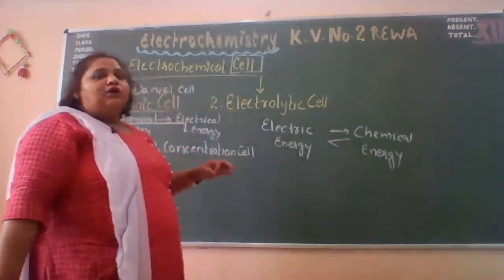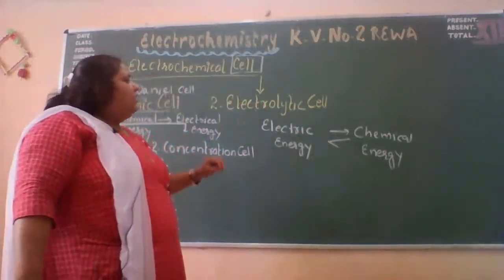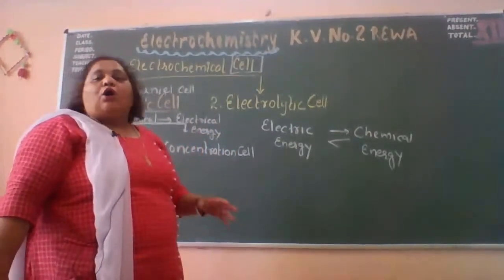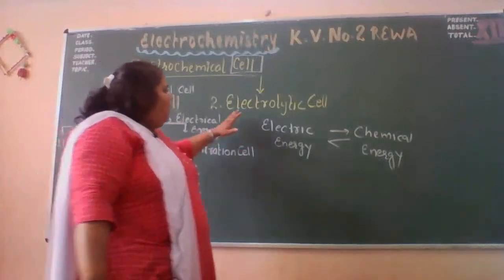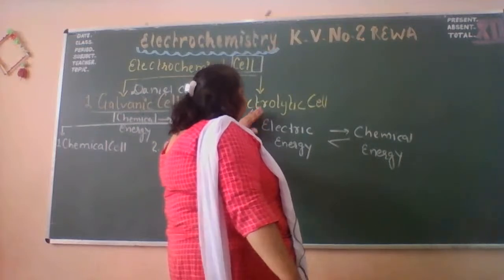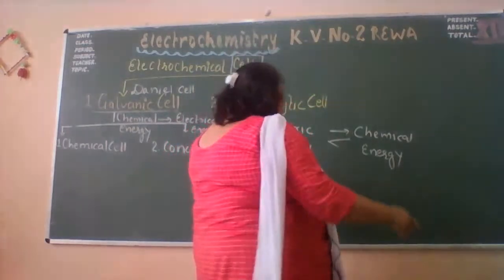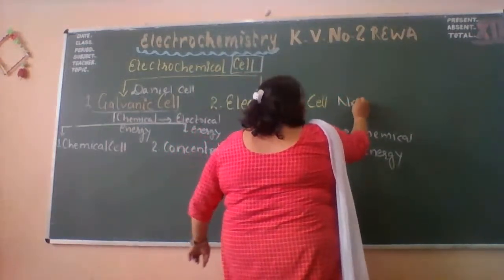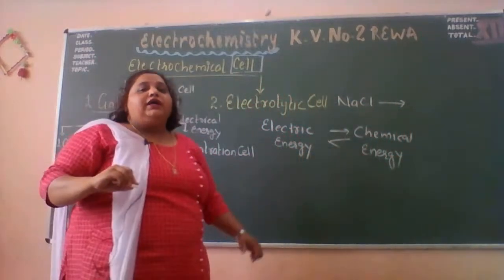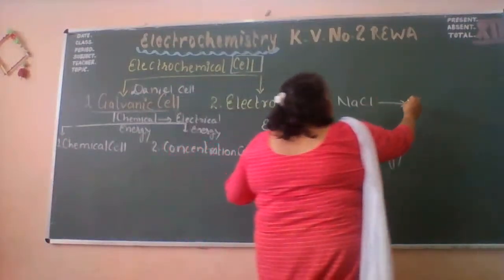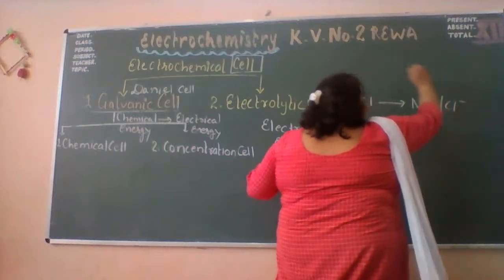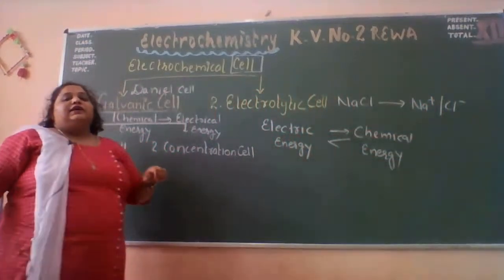You all know that electrolysis means the dissociation of an ionic compound or electrolyte by passing electric current through a solution. If I take the example of a sodium chloride solution, on passing current it divides into Na plus and Cl minus ions, right?